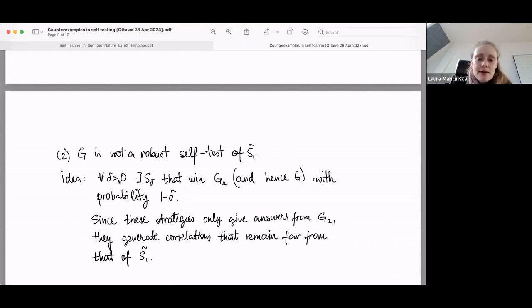If I think of these strategies as strategies for the OR game, then these strategies only output answers from game G2. So the probability distribution that they produce never gets close to that of the strategy S1 tilde, because S1 tilde only outputs answers from game G1. Therefore, I cannot locally dilate them to something that is close. That's the basic idea.